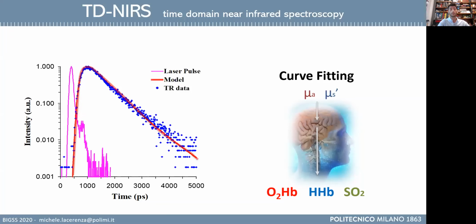Thanks to the diffusion and the absorption inside the tissue, it is possible to retrieve the important optical coefficients, such as absorption and scattering coefficients. Thanks to this information, it is then possible to estimate the concentration of oxygenated and deoxygenated hemoglobin, saturation, and total hemoglobin of the tissue under study.